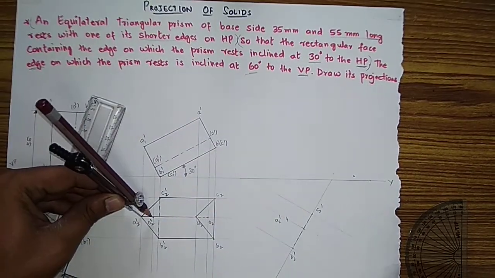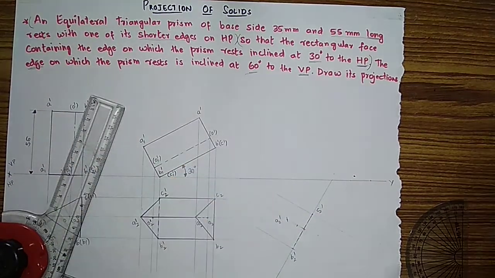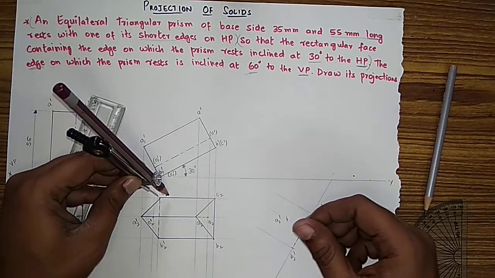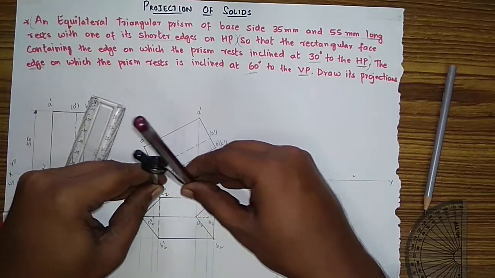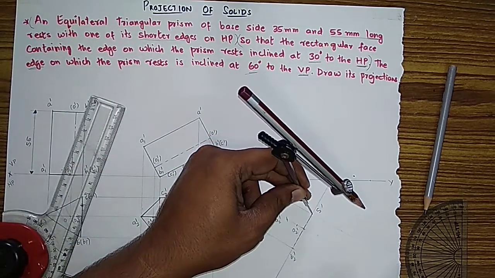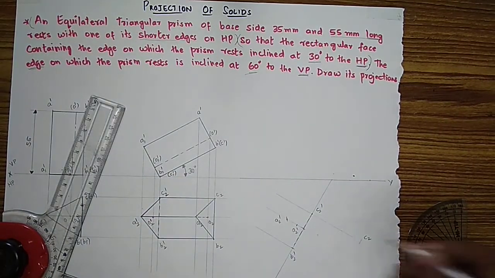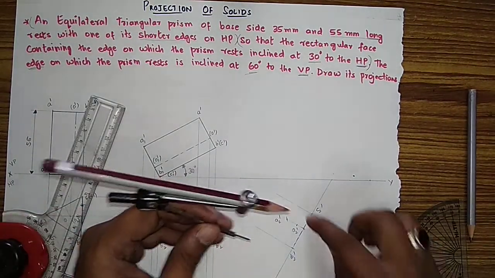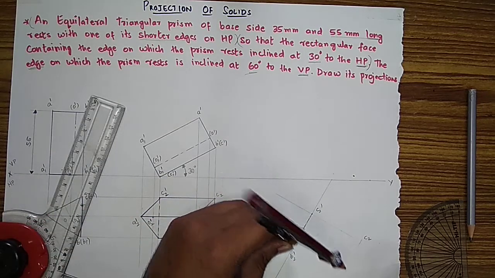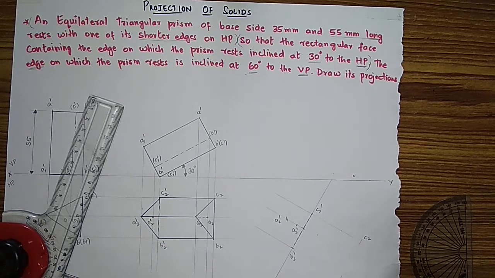So I have copied from A2 dash to O2 dash. Then remaining C2 dash to C2. This is the point. So it is coming till here. This will be C2. Then remaining, B2 dash to B2 it will be the same distance. So this will be B2.